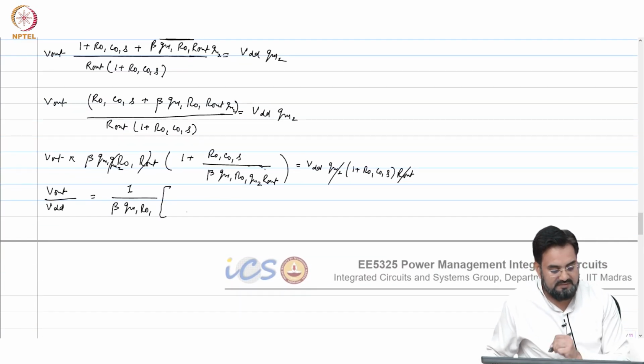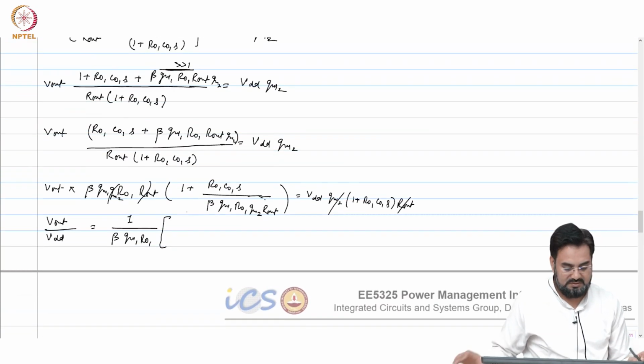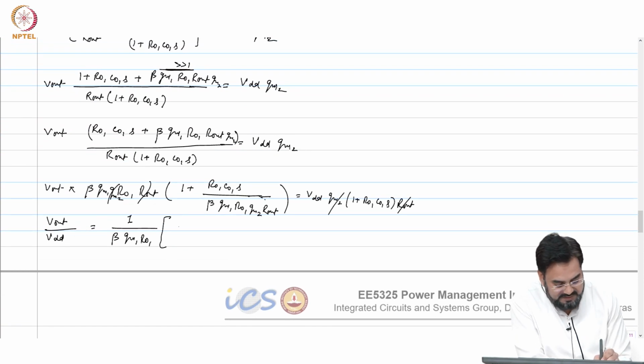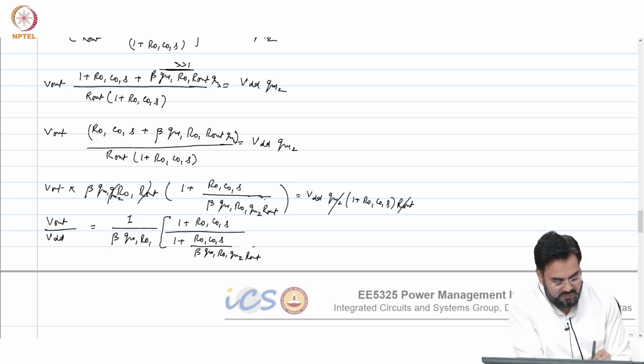So the only additional term will be your poles and zeros. So your 0 is at R1 C1S, okay, 1 plus what else you have, R01 CO1S divided by, okay.